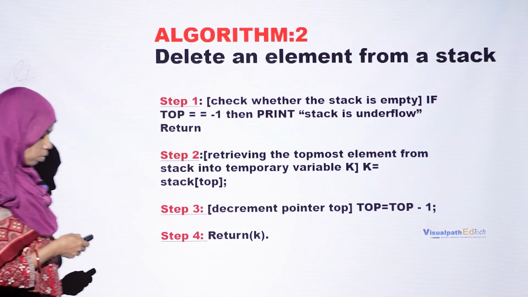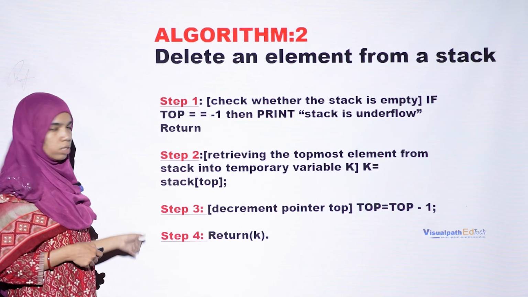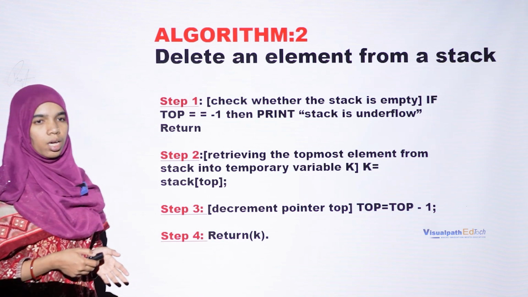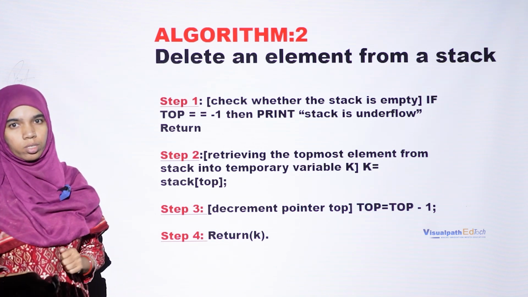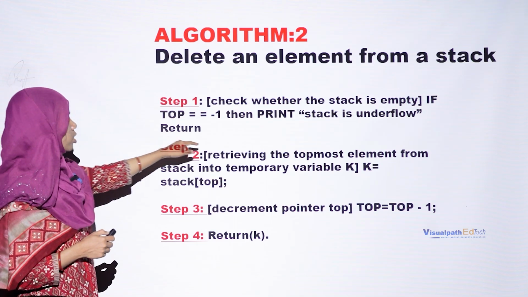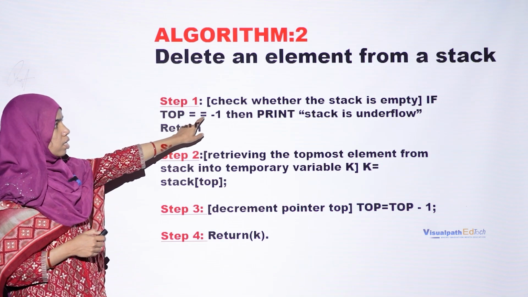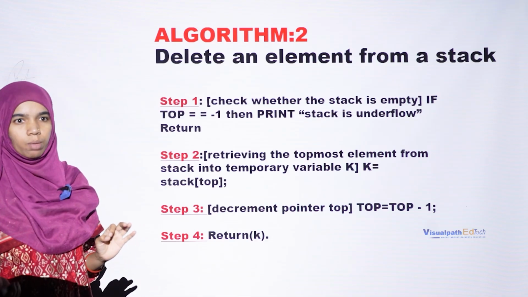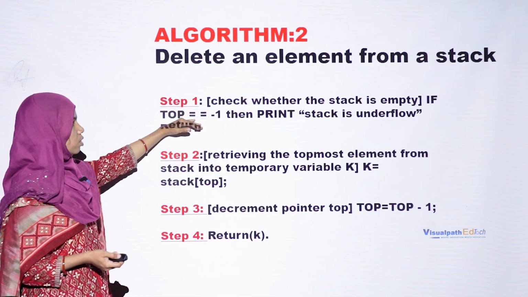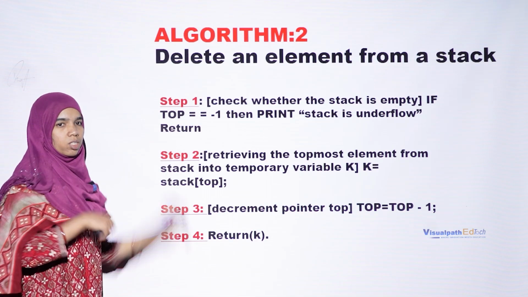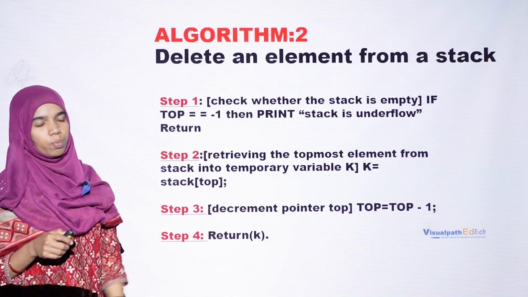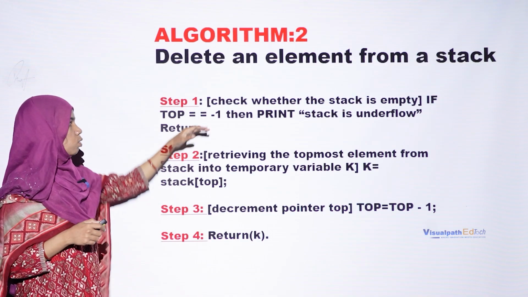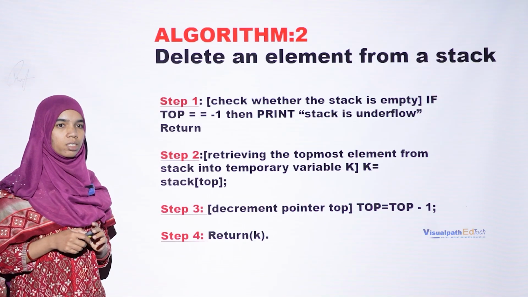Now, the second algorithm shows us the steps of how to delete. If we are deleting elements from the stack, what is the process? First we check whether the stack is empty or not. If the stack is empty, you cannot delete any element. So during insertion we check whether the stack is full, and during deletion we check whether the stack is empty.